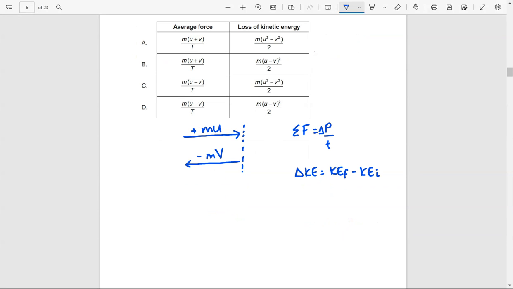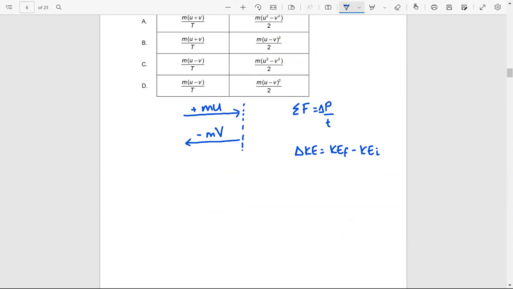Okay, so to find the average force, first of all, we need the change in momentum. So the change in momentum is the final minus the initial, which is minus mv minus mu. We can take out the negative m.